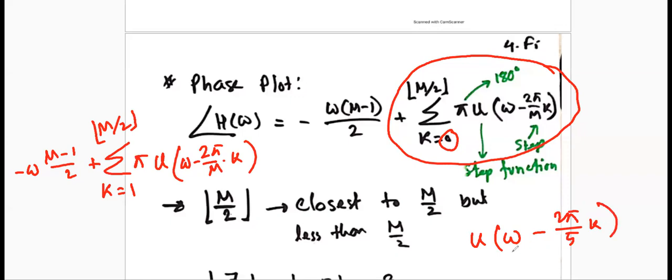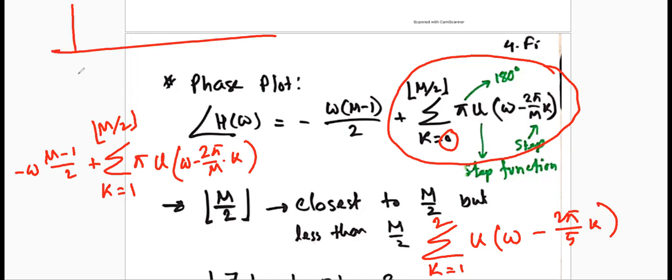Of course, this is on the scale of omega. So after twice pi by 5, where k is equal to 1, 2, 3, up to some value, that is M divided by 2, lower ceiling, that is 2. 1 and 2. You get a stem.